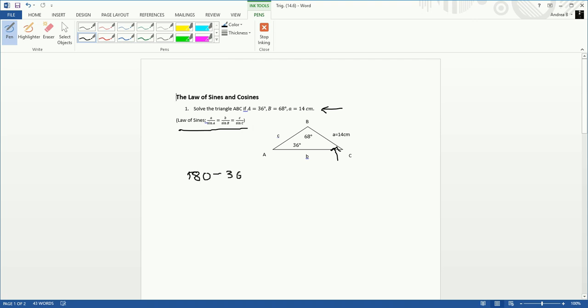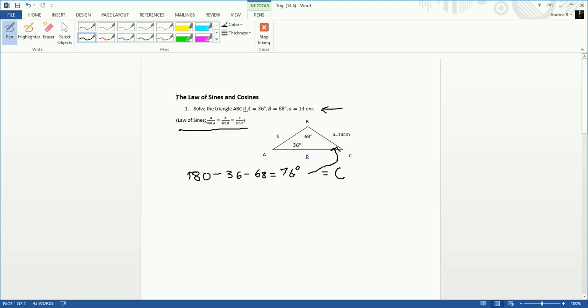We already know there's a 36-degree angle and a 68-degree angle. So if we subtract that off, then for our angle C here, we get 76 degrees. And that would be for angle C here. Or also write down that that is equal to C. Angle C, capital C. So that would be for angle C.